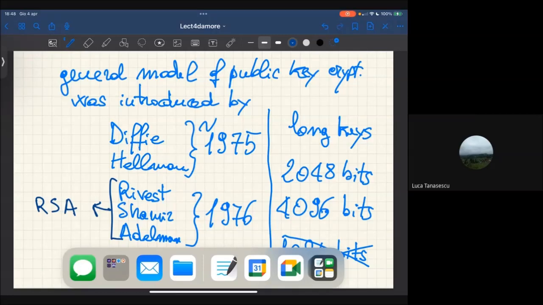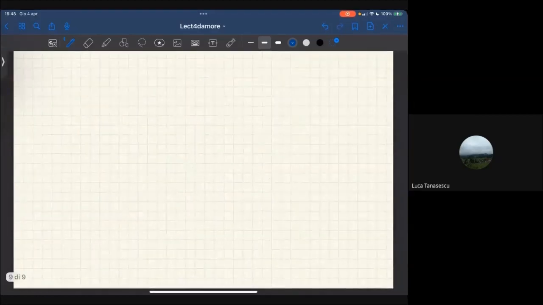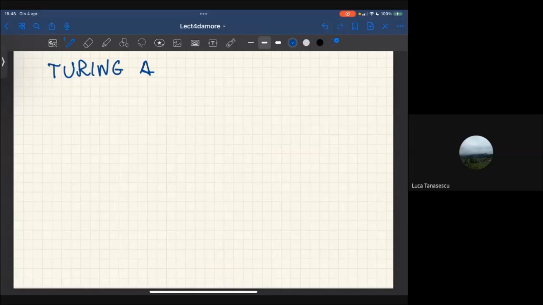So the most important prize for a computer scientist is the Turing Award. This is an international prize.